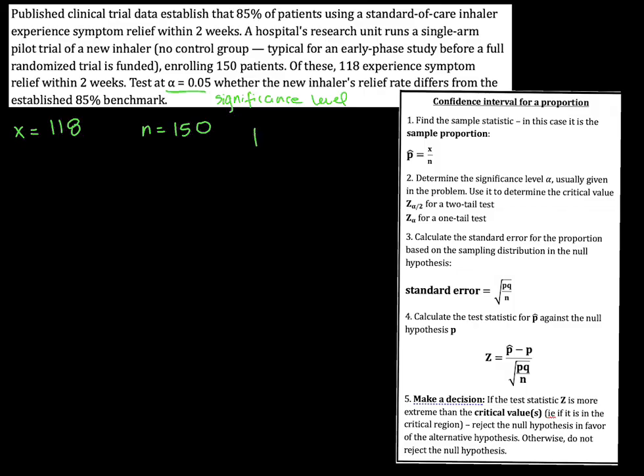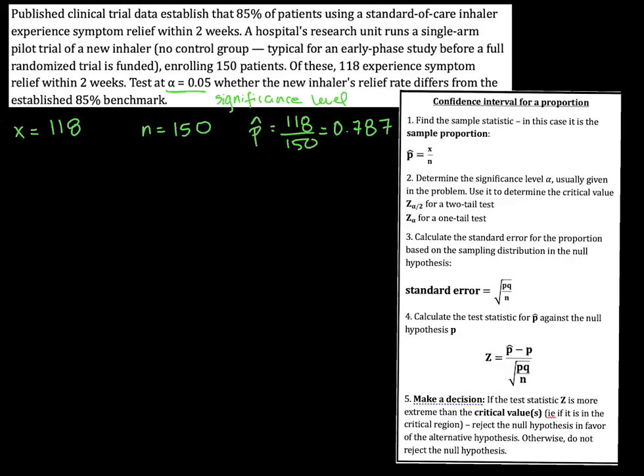And so using that, we can find our p hat equals 118 over 150. So I'm just putting that in my calculator off screen, and I get 0.78, and then it would be a 6, so I'll round it to a 7. All right, and that's a 7 as well.